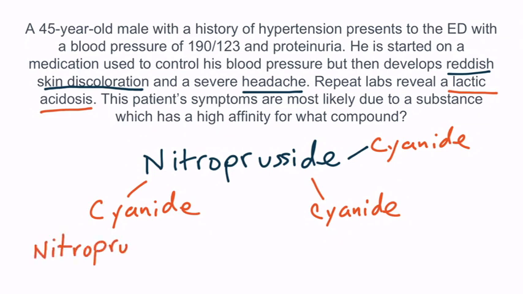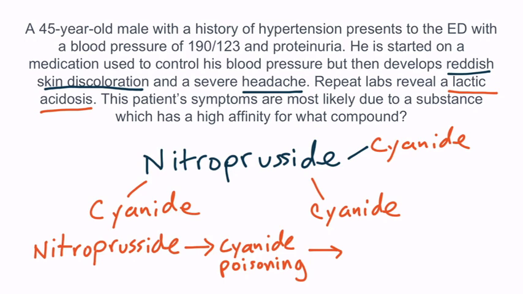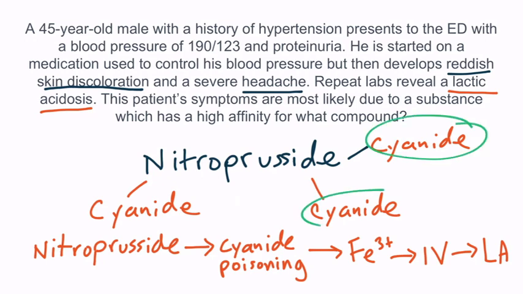So nitroprusside results in cyanide poisoning, which preferentially binds the iron in the 3+ state, which inhibits complex 4 of the electron transport chain, resulting in a lactic acidosis. So this patient's symptoms are most likely due to cyanide, which has a high affinity for the iron in complex 4 of the electron transport chain.